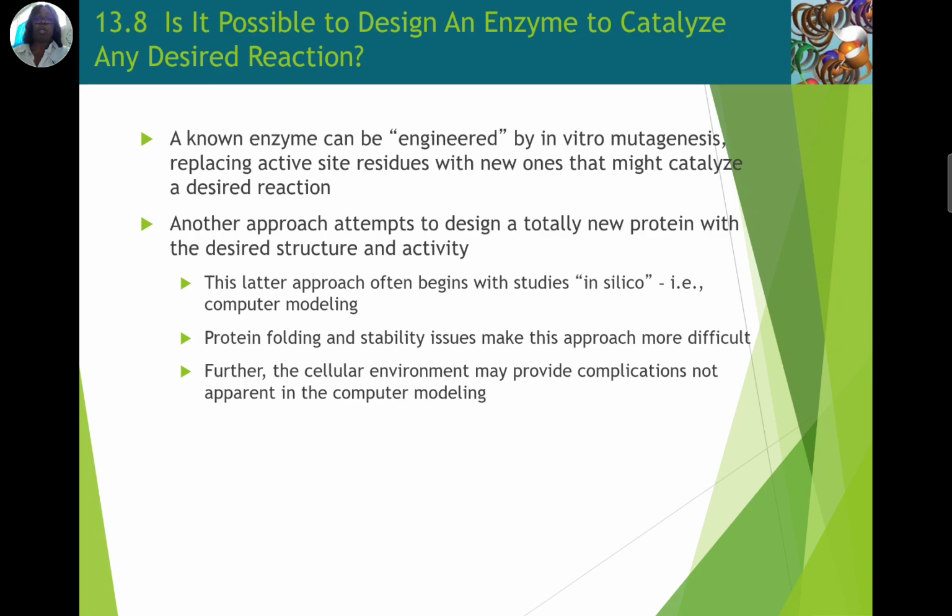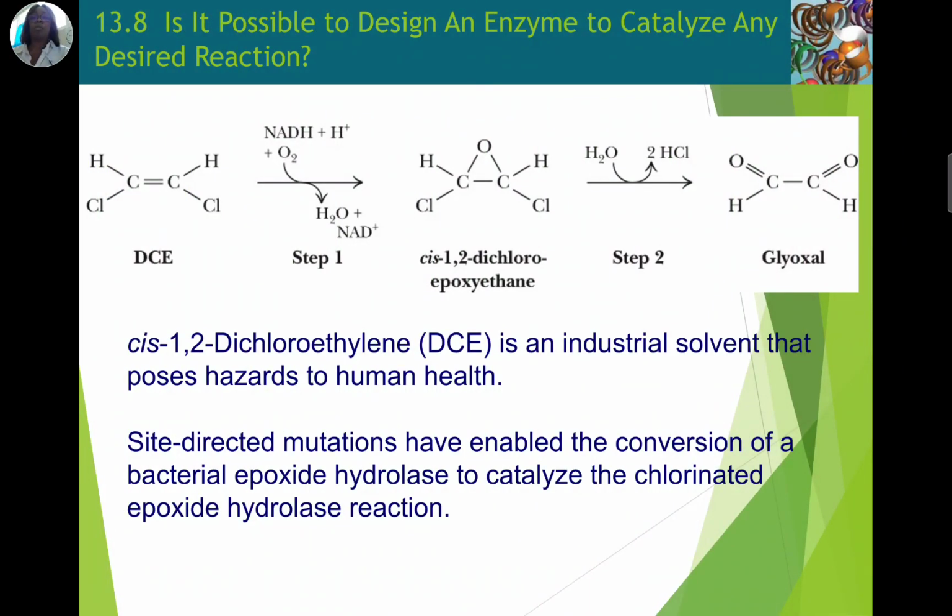This is a lot of work. And if you have a look at this slide, you're not expected to memorize this, but it's an interesting one where industry is attempting to look at generating an enzyme that will serve to protect human health in an industrial environment.